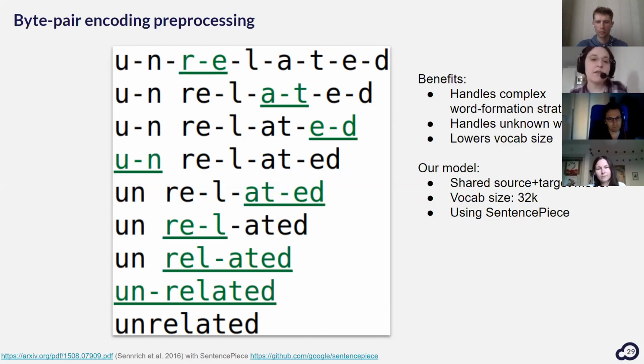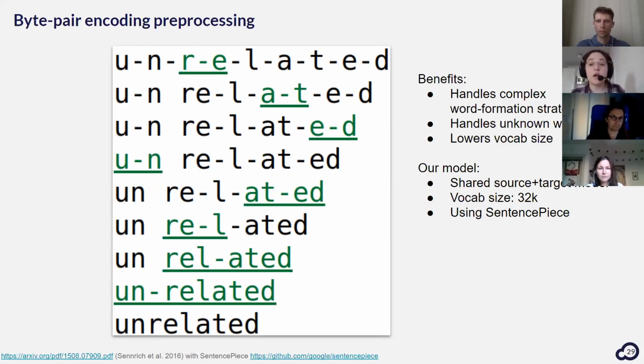The benefit of this is that it handles word formation strategies a little bit better. So you can have one root word piece and word pieces for each of your affixes, for example. Then you have those little pieces that you can put together into bigger blocks when you're making the translation.